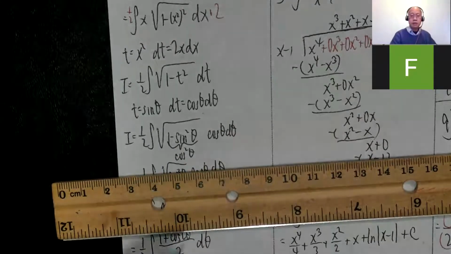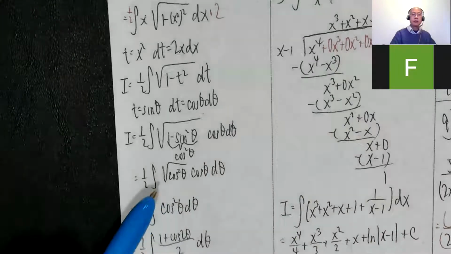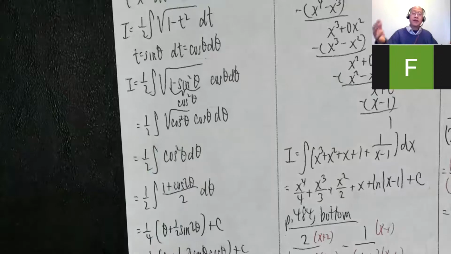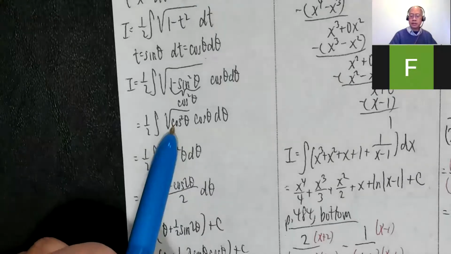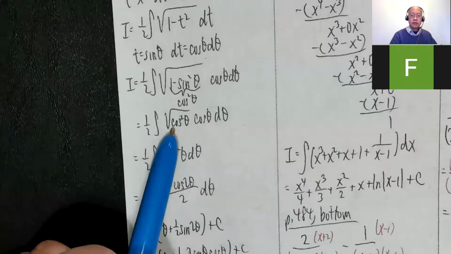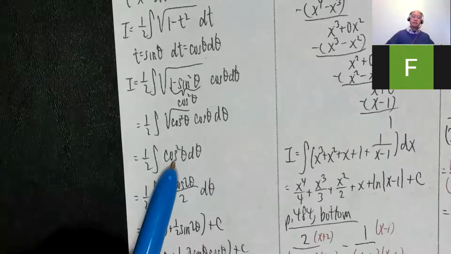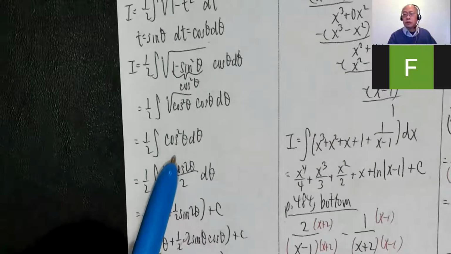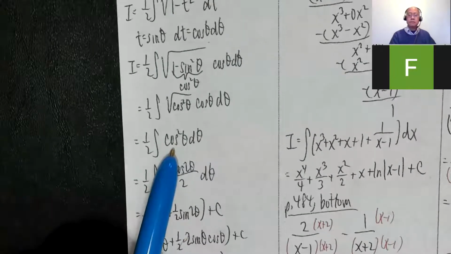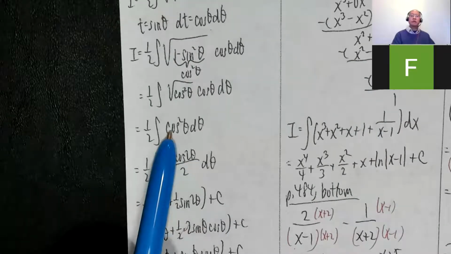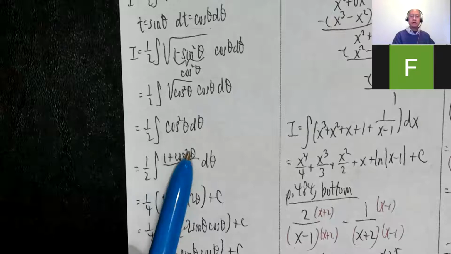Cosine squared theta, whose square root is cosine theta, if theta is in a nice interval, and it is, it's intentionally picked that way. So this is cosine theta times another cosine theta, so I have cosine squared theta. So now I just integrate cosine squared, use my identities, put it on your cheat sheet if you wish. Cosine squared is 1 plus cosine 2 theta over 2.